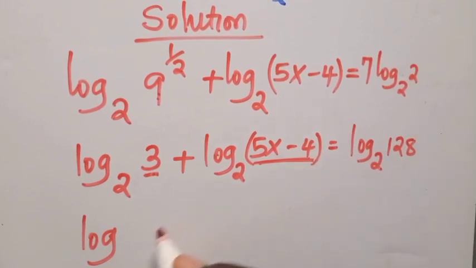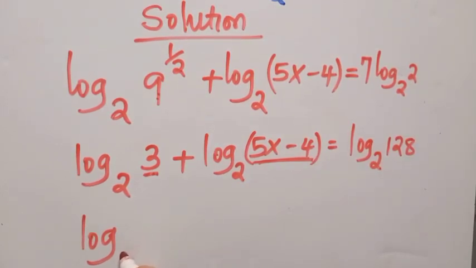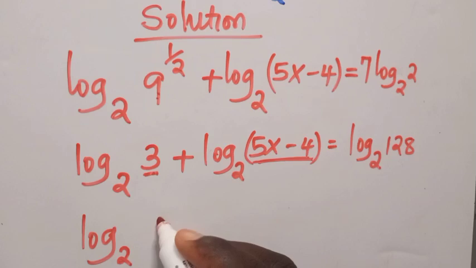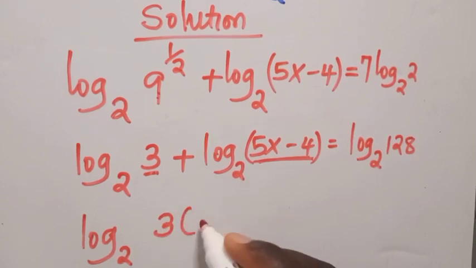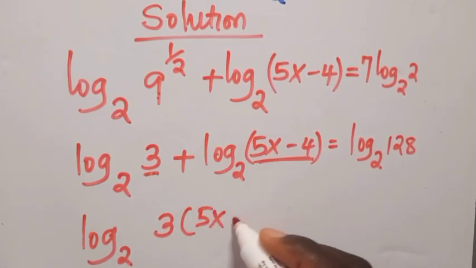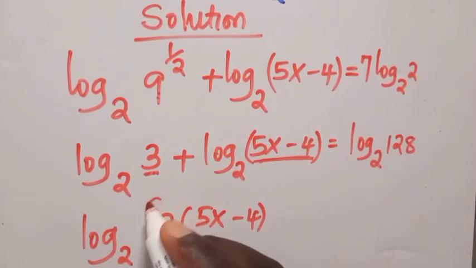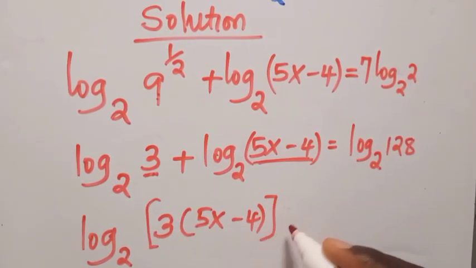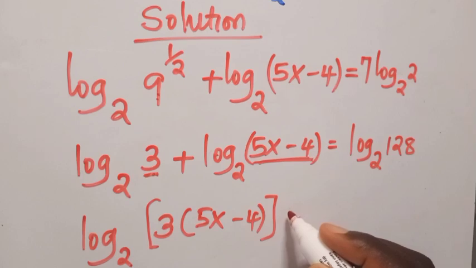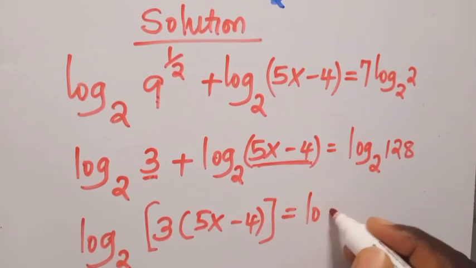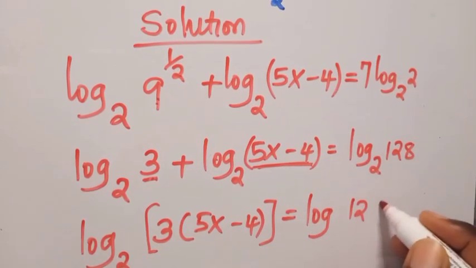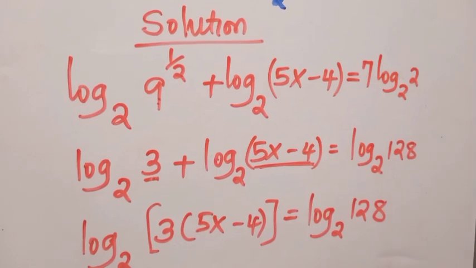And therefore, we shall have a logarithm to base 2. Then we write 3 into (5x minus 4). Then we close the bracket, then we can close it with a bigger bracket again. Then equals the logarithm of 128 to base 2.